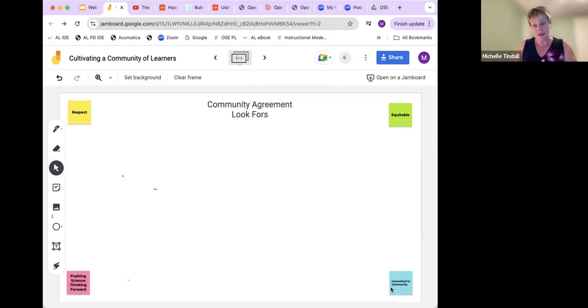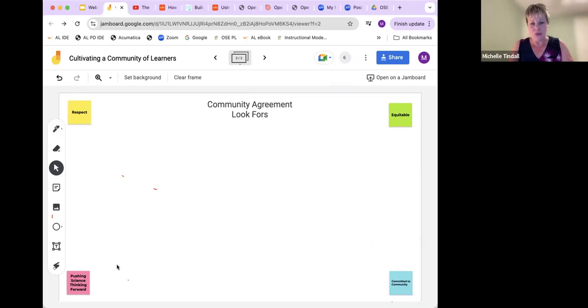But if we're flipping it and making it more of a student-centered classroom where students are figuring out, now there's a lift that has to happen by everybody, not just the one. Okay, so now we have the power of we in addition to the yet. So at this point, what I'd like you to think about individually and add a sticky note, whichever color for the topic that you're adding a look for.